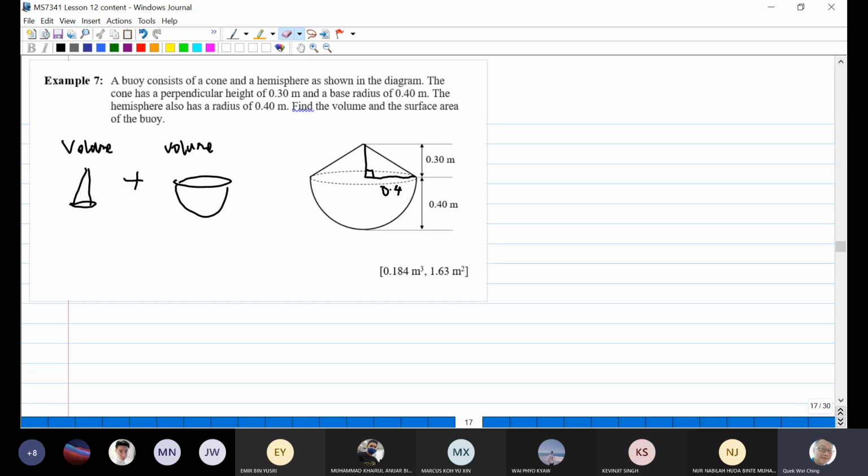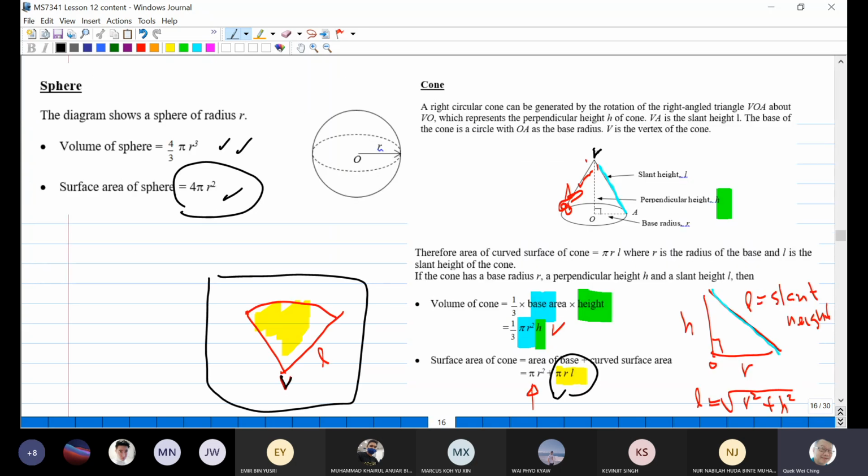How to find the volume of a cone? There's a formula for this already. Just now I mentioned it. Volume of a cone is 1/3 pi r squared times h.